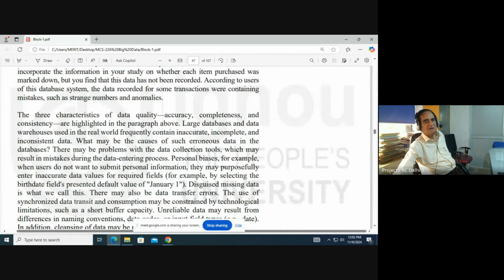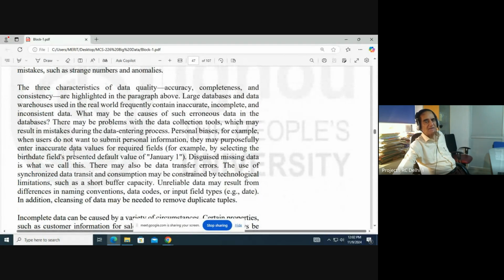Large database and data warehouses. Now, how does data come, where does it come from? Because even if data is there, you may be using a Spanish word or French word or Sanskrit word, I don't know. But whatever you are using, some code you are giving. So your Spanish you are doing.